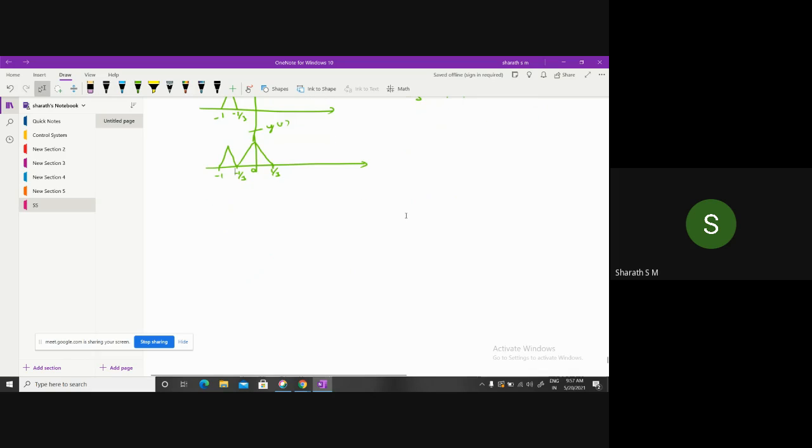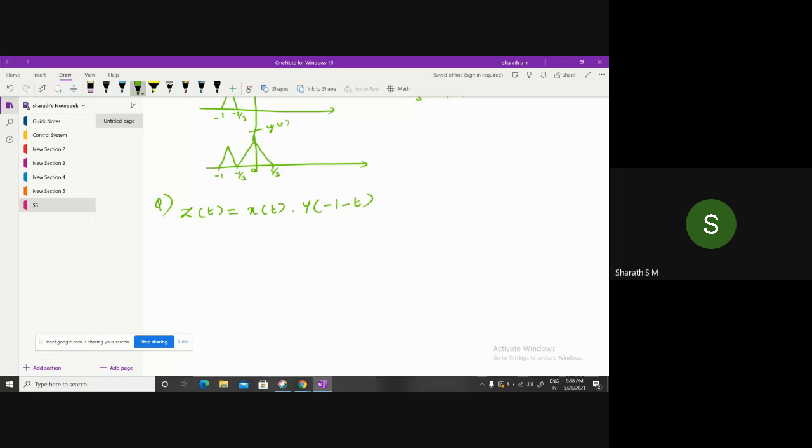Then write down the next one. z of t equals x of t into y of minus 1 minus t.